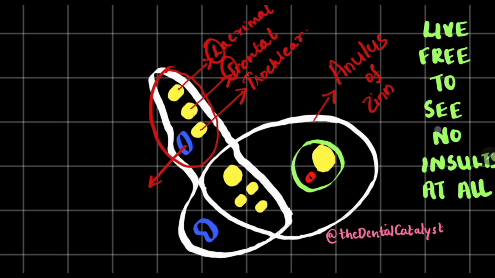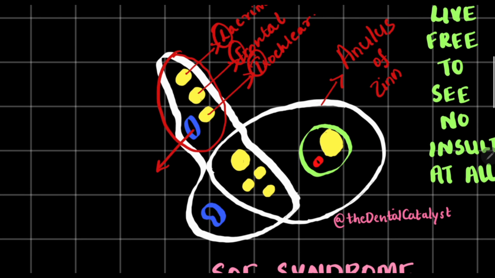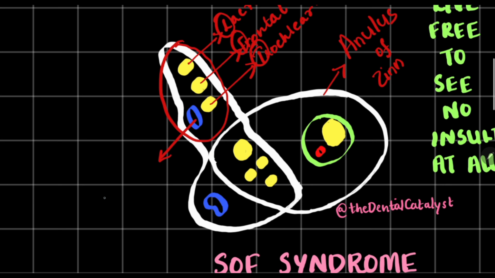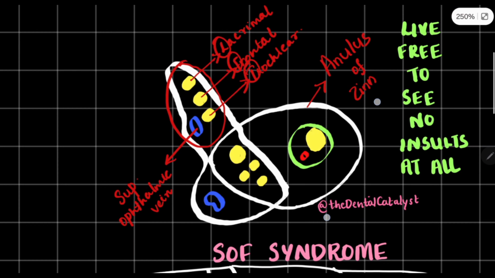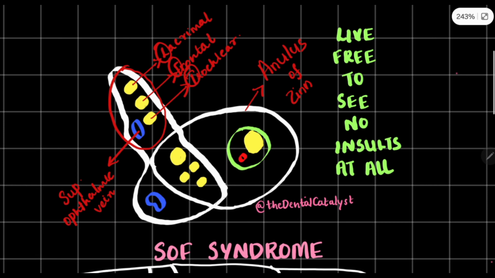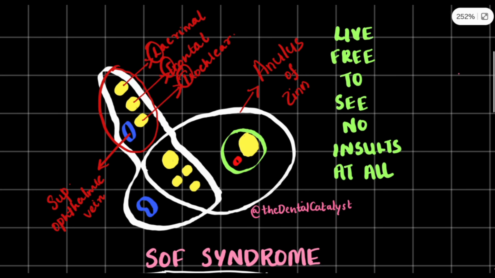L, F, T. And here you can see there is a vein too, which is the superior ophthalmic vein. We have a mnemonic here to remember these, which is "Live Free To", which belongs to the upper lateral and superior sector, which is the first sector.